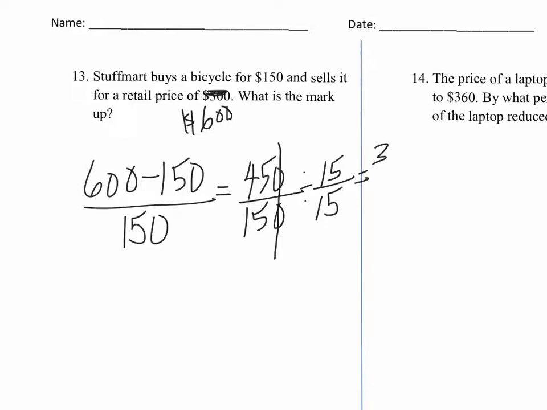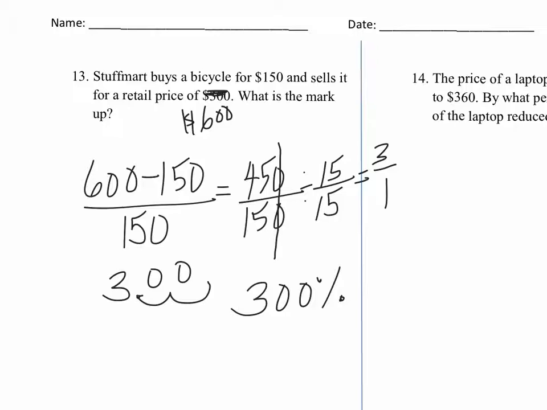Gives you 3 over 1. 3 whole is what percent? That's right, 300%. So the markup, instead of being 100% like the other problem, is 300%.